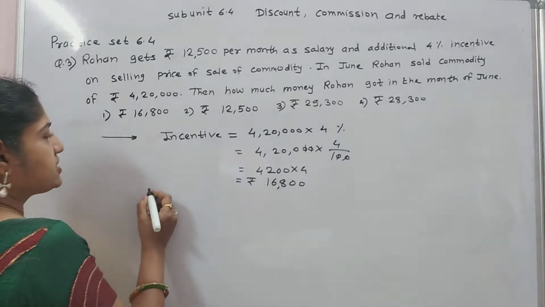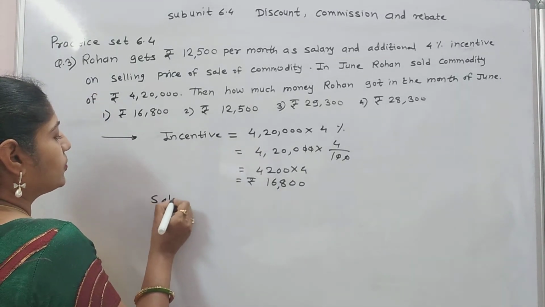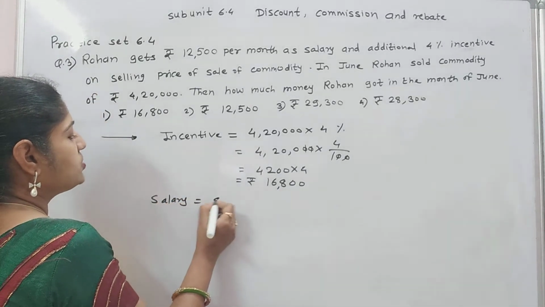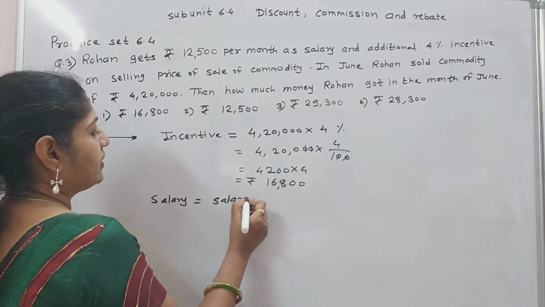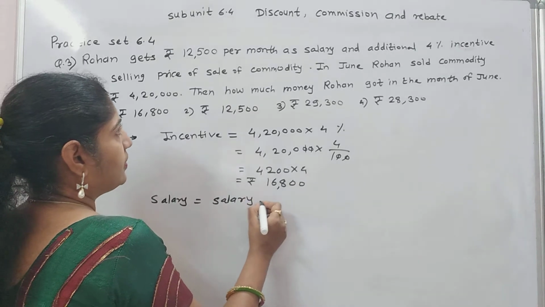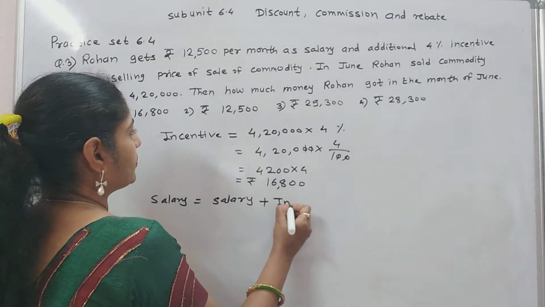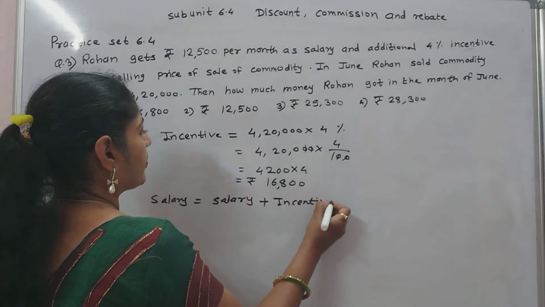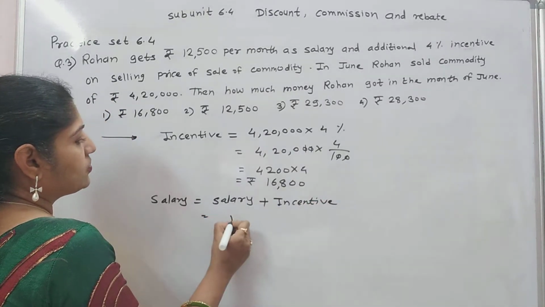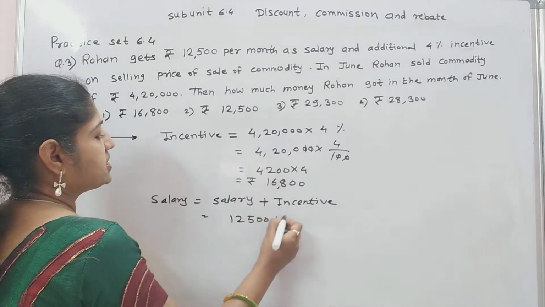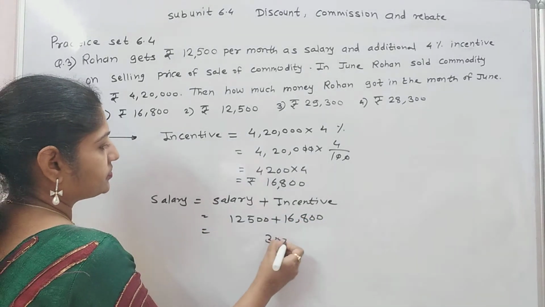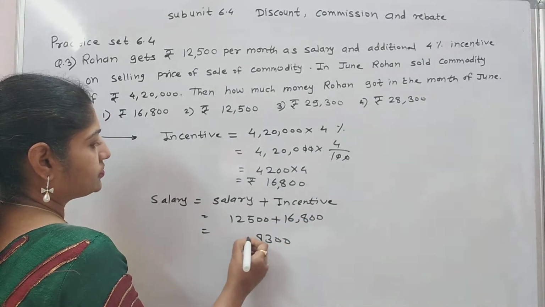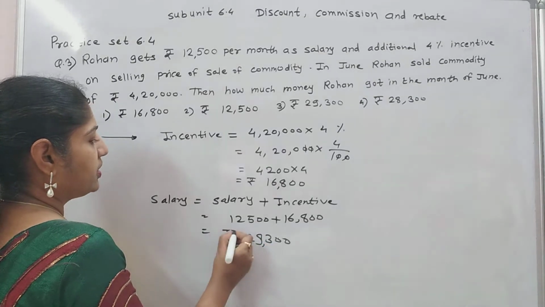Plus salary: monthly salary plus the incentive. 12,500 plus 16,800 is 29,300.